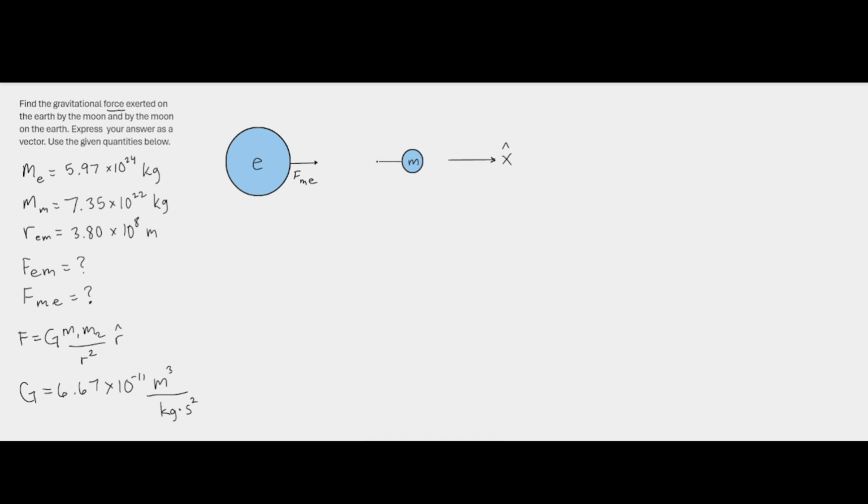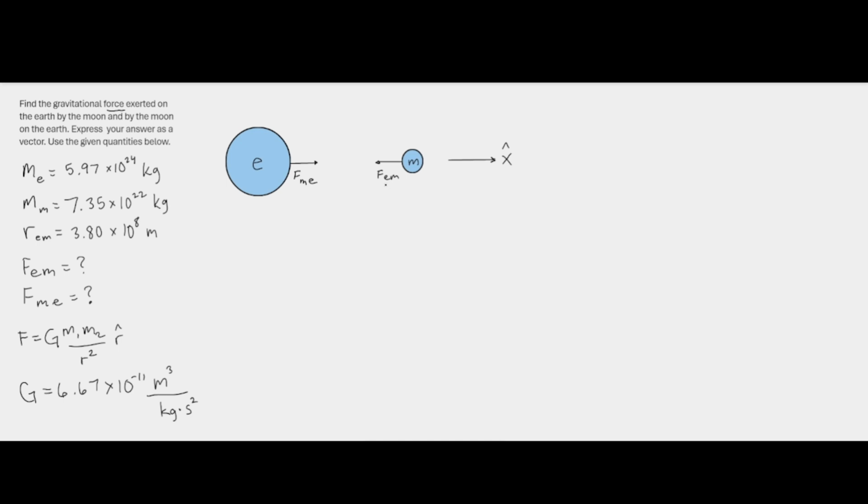I'm going to try to draw these the same length. Both these vectors are supposed to be equal and opposite, the same length, and this will be the force of the Earth on the moon. All I need to do is figure out one of these, and I'll know that the other one is just the opposite sign, and that's due to Newton's third law.